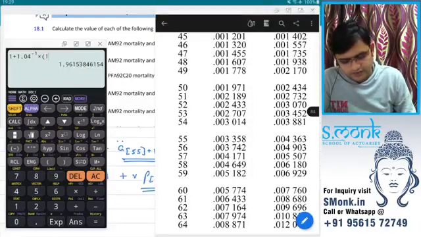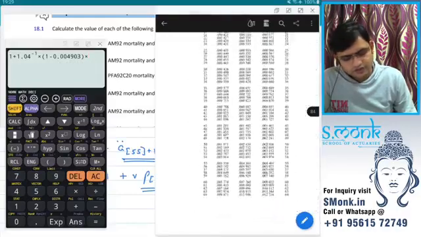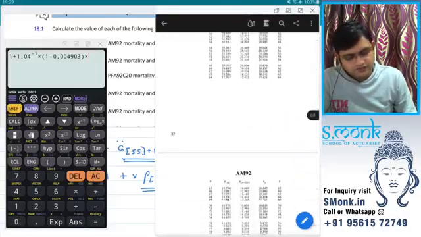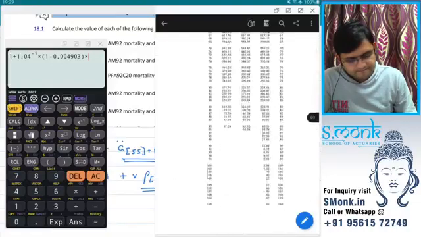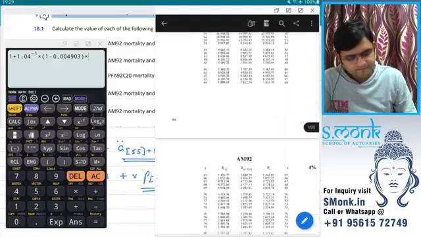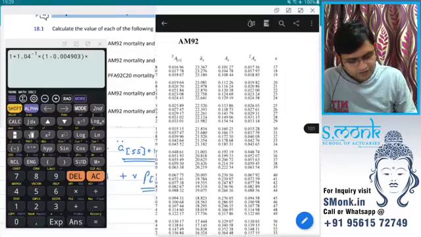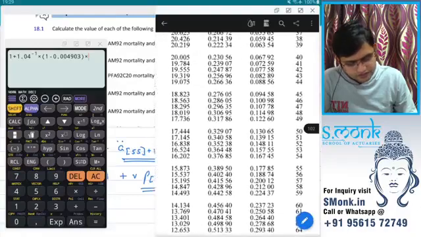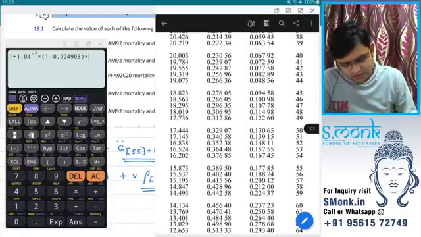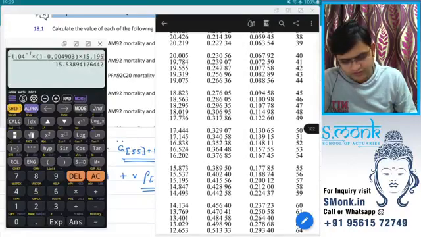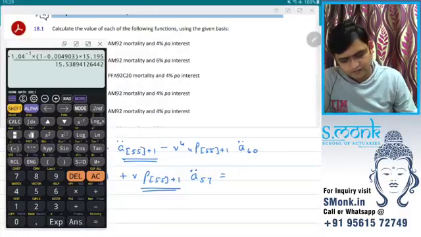So 1 minus, for 56 I will have 0.004903, bracket close, then into, for 4% we require ADU 57. ADU 57 will be 15.195, 15.53894.